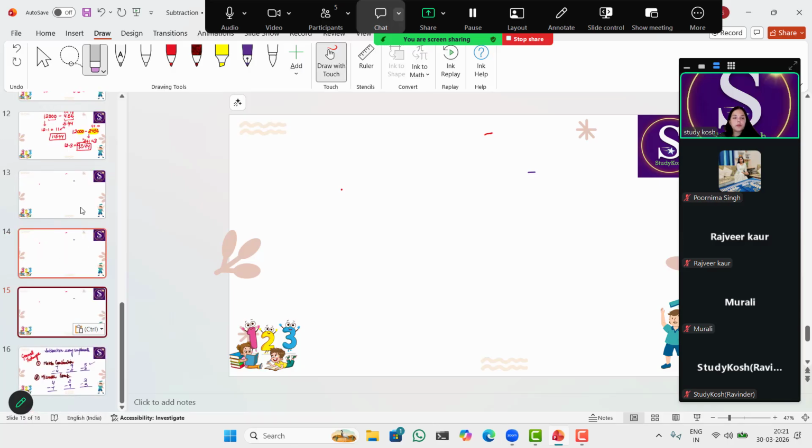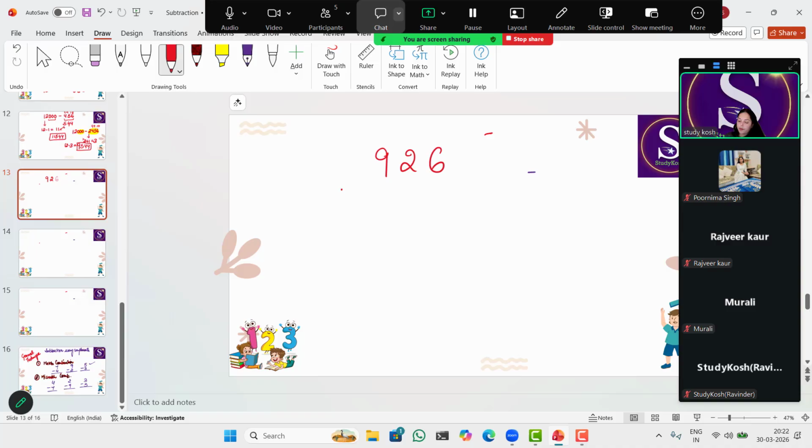Now, whenever we have a match combination, we'll directly subtract, and whenever we have a mismatch combination, we'll take the complement. So 9 minus 5 is 4, but further we have a mismatch combination, 2 and 7. So we need to subtract 1 from this 4, so it will become 3.